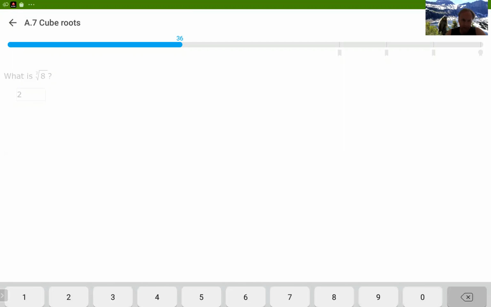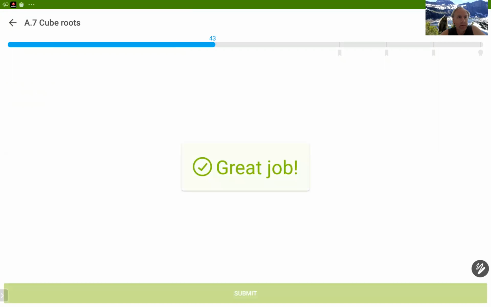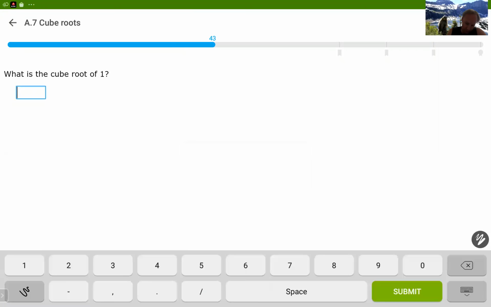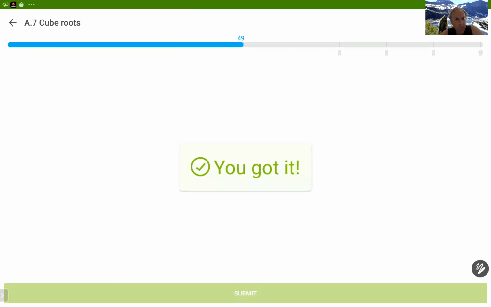It's one you want to really know well. 2 cubed is 8. Cube root of 1 is 1. 1 times 1 times 1 is just 1.